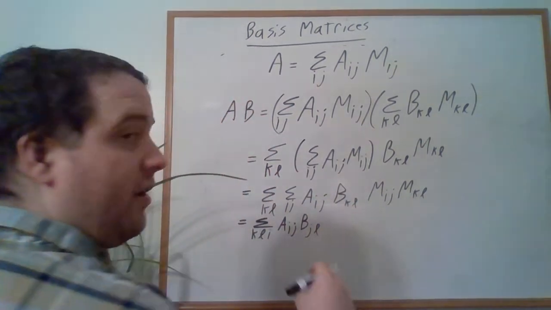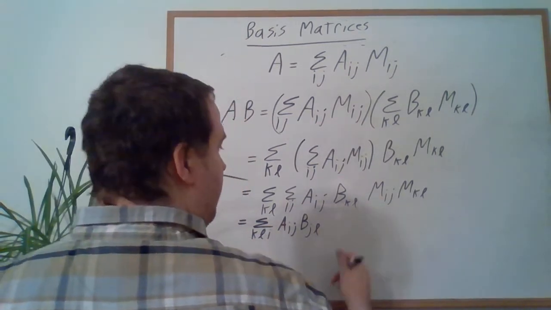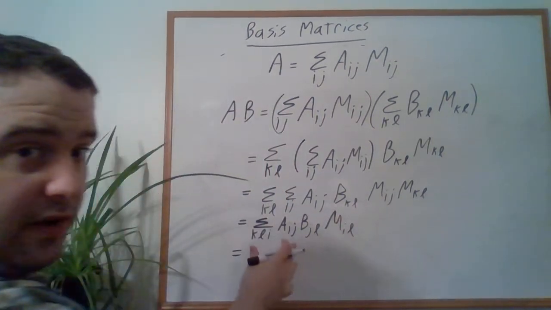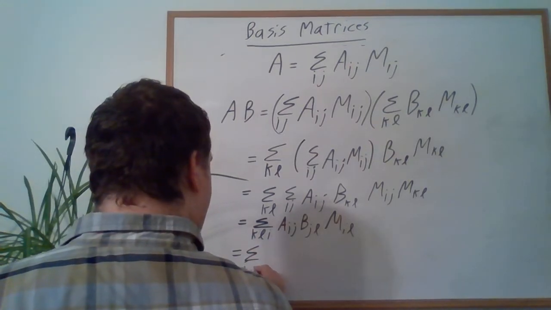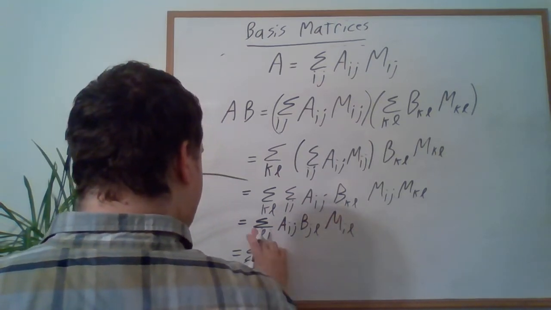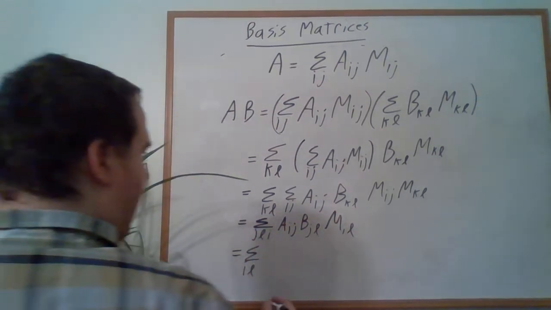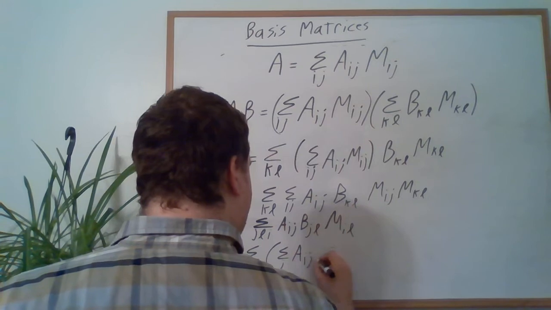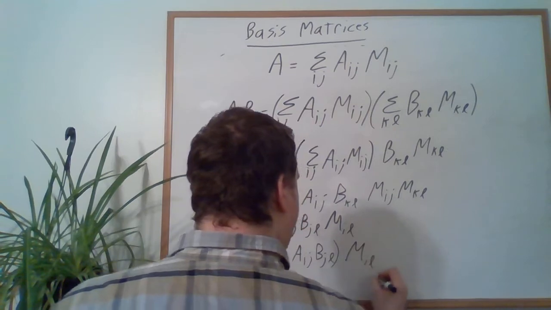And then this product here, when j is equal to k, is going to be equal to the outer indices, right? M, i, l. And if we wanted to, we could write this as the sum over i, l of the sum over j of A_ij B_jl times M_il.